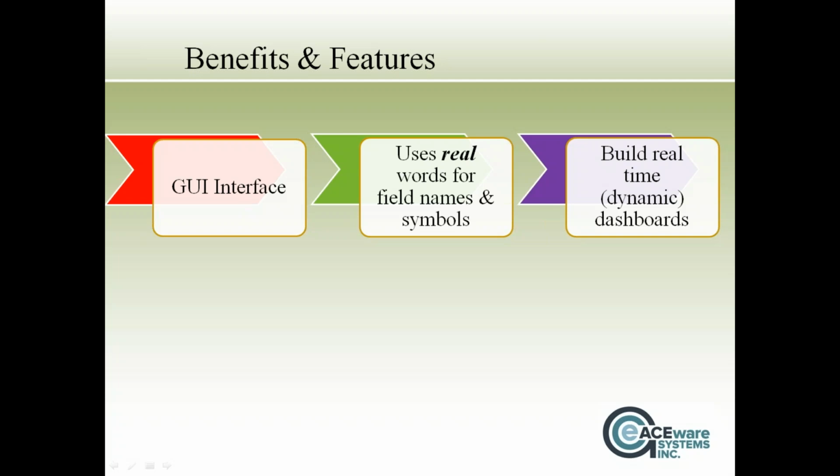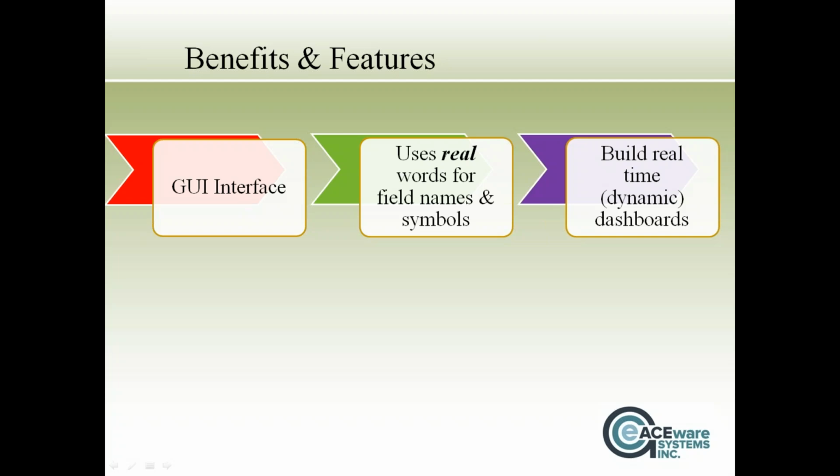It uses our non-scientific, or I guess user-friendly, names for fields, so you can actually realize what we're talking about when you're picking a field. With dashboards, you can build your own dashboard of what you want to see.